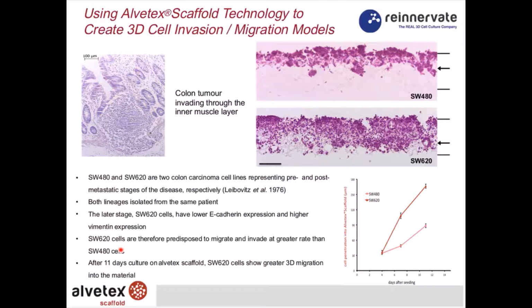Indeed, if we feed the cells onto the materials, we will see how, on average, the SW620 cells penetrate to a greater extent compared to the 480. That can also be recorded on this plot and quantified as so.